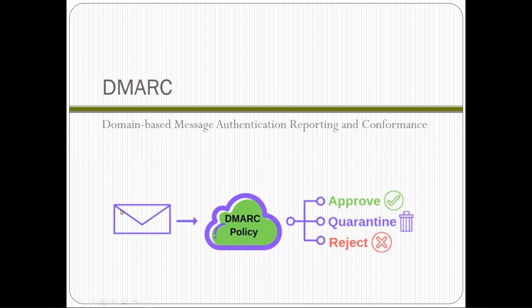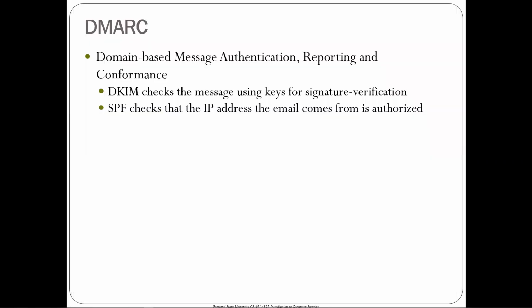Here's Portland State. Portland State has a DMARC policy, and then Gmail gets an email from Portland State that doesn't match this policy. What do I do with it? Or doesn't match the DKIM or SPF record. What do I do with it? And that's what DMARC is intended to address. And so we have these two mechanisms, DKIM and SPF, for attempting to do client authentication or client validation.